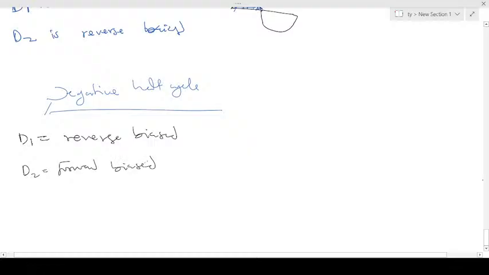Now note, this is very important: the direction of current through the load has not changed. Current is not flowing in another direction.